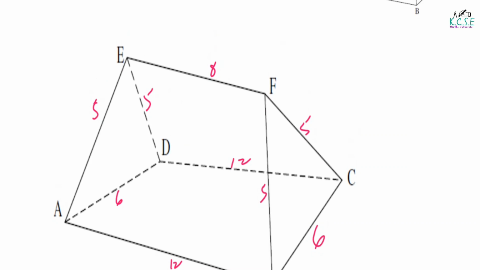It may not look accurate because of the diagram, but let me just try. So that is the perpendicular height, assuming that this is the base and this is EF.